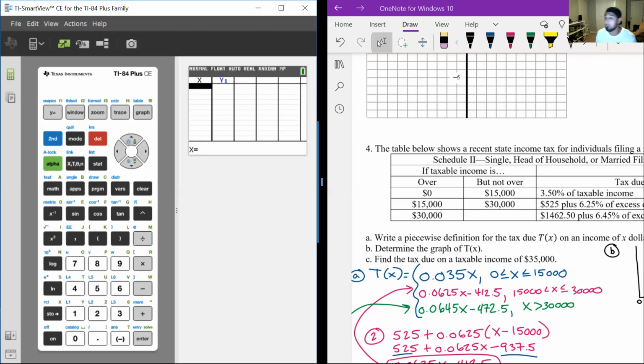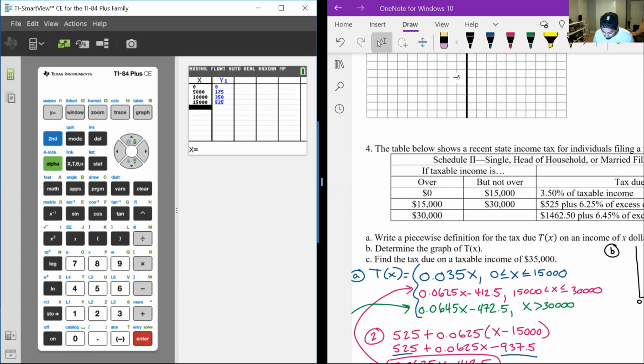Okay. So I'm using the process that I did above. I'm making XY charts for every piece of the piecewise function. So here at 0, of course, you'll get 0. And then I'll just go by thousands, so 5,000, 10,000, and 15,000.